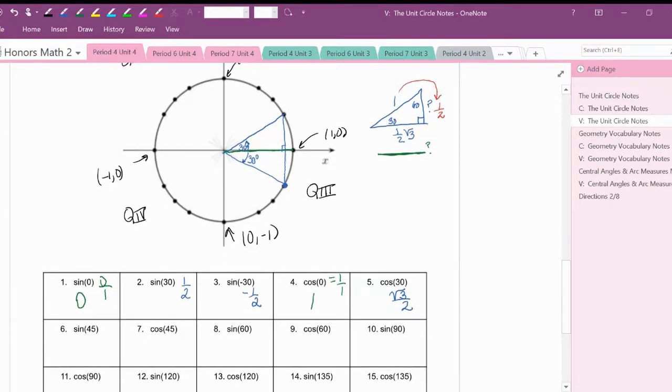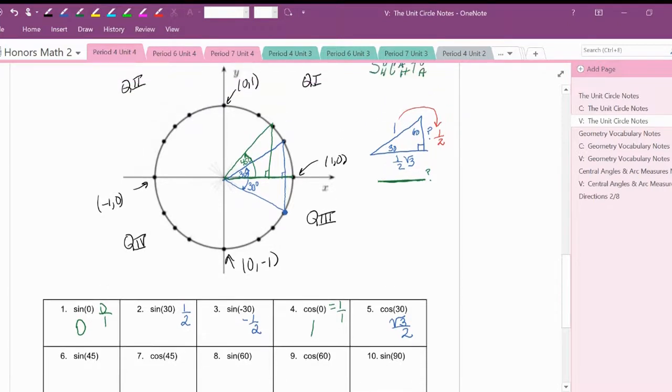All right, now we're working with a 45-degree angle. So let's draw that one in. Drop our perpendicular. So this triangle, if we move it out, this is a 45, 45, 90 triangle with the hypotenuse equal to 1.